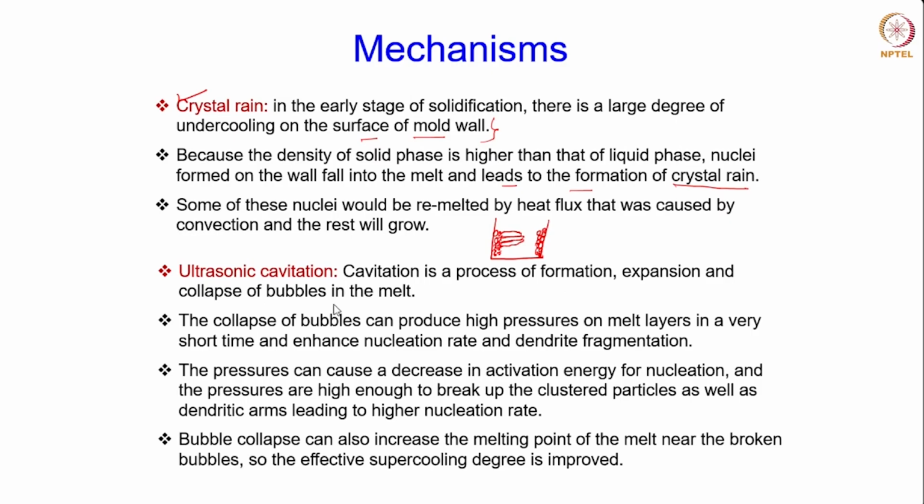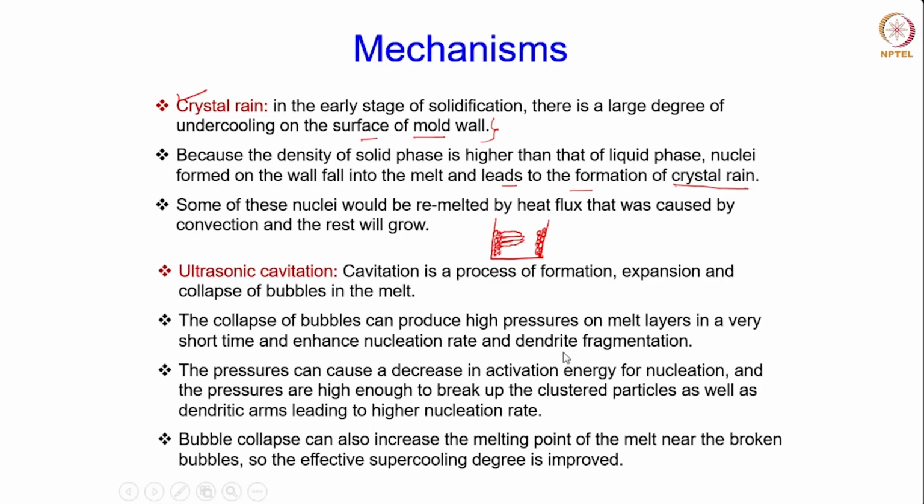Okay, so the collapse of bubbles can produce high pressure on melt layers in a very short time and enhance the nucleation rate, and can also lead to dendrite fragmentation, both of which are conducive for grain refinement.